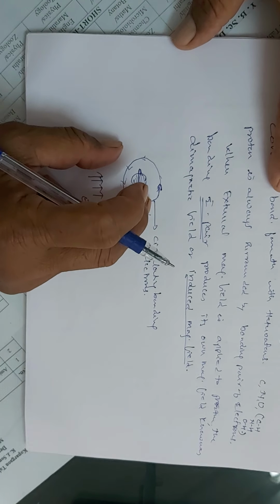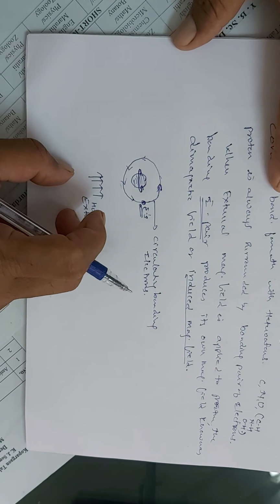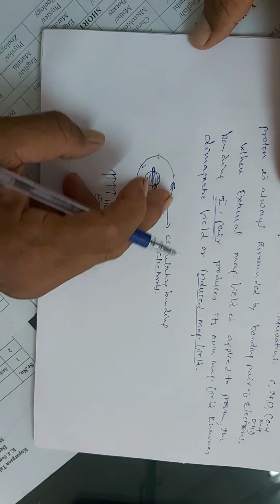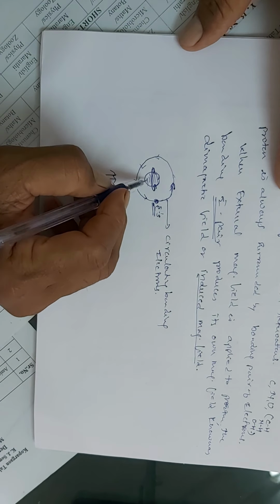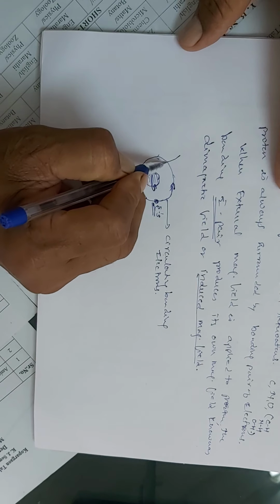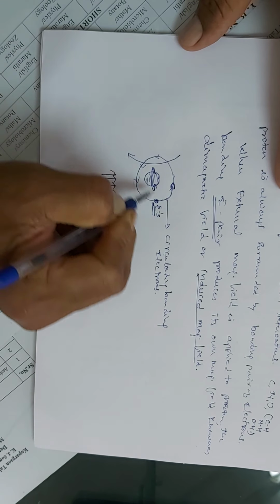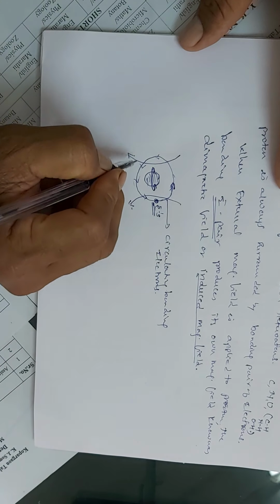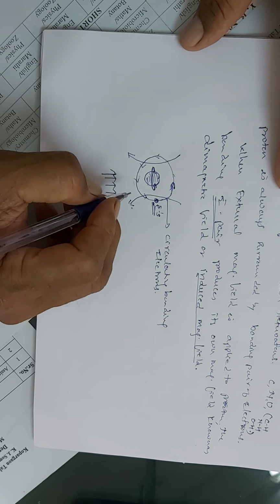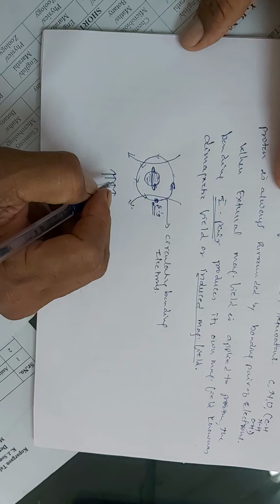When such a nucleus is kept in an external magnetic field, the electrons are forced to circulate, and this also creates a magnetic field which may align opposite to the applied magnetic field.